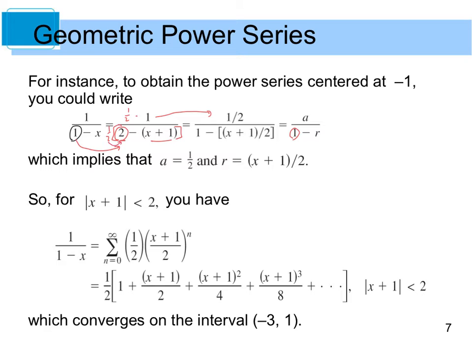My 1/2 times 2 gives me my first term of a 1. Then if I multiply my center, x plus 1, by a half, that's why there's the x plus 1 divided by 2. So now we're in the form. I have my 1 in the correct position. Whatever number is my numerator is my a, and whatever term is behind the subtraction is my r.